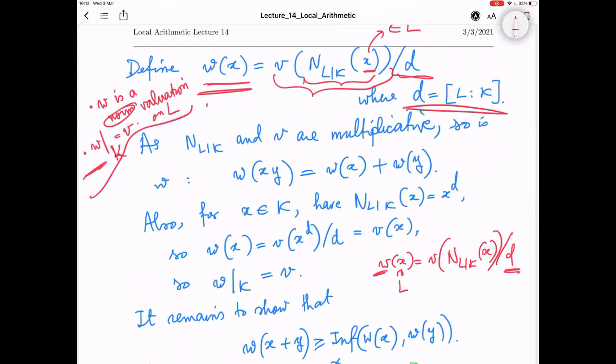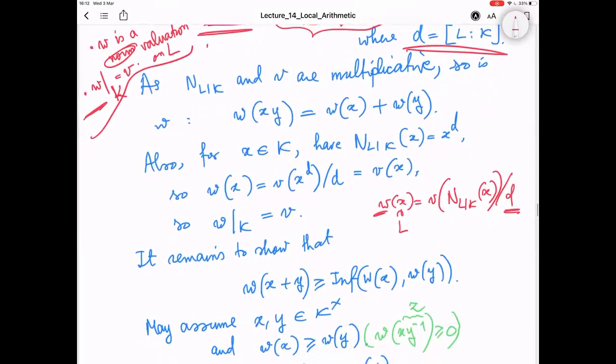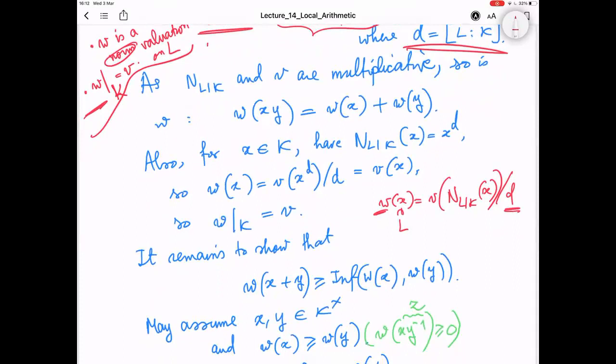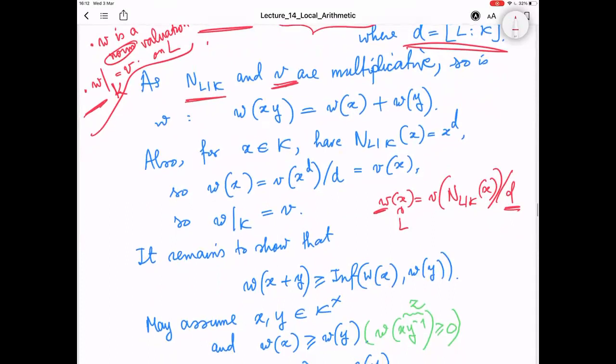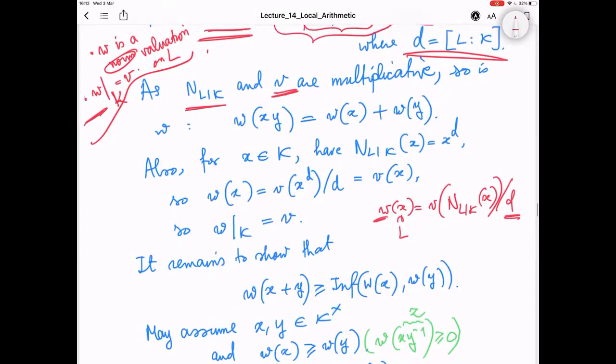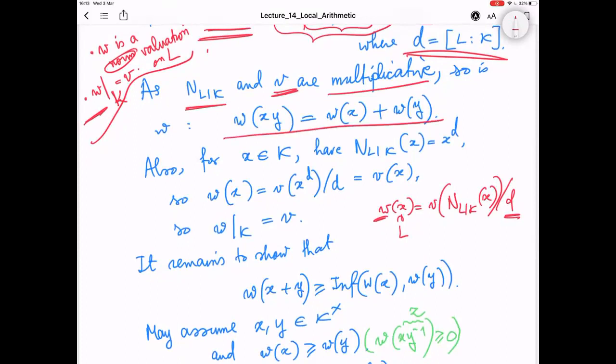Now, this last thing is very easy. Let's see. First of all, the norm is multiplicative and V is also a homomorphism of multiplicative monoids. So W of x times y is W of x plus W of y. That's completely obvious, right?